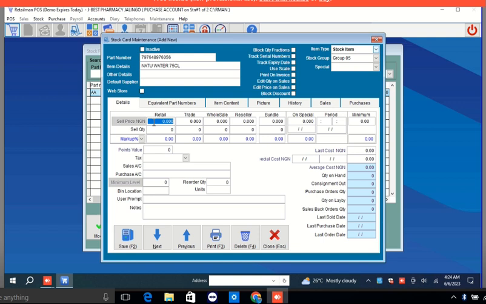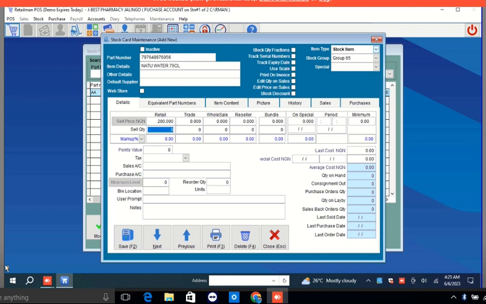You write 200. It's okay. Enter. Now you have set up the price of one of it, meaning your retail price is 200.